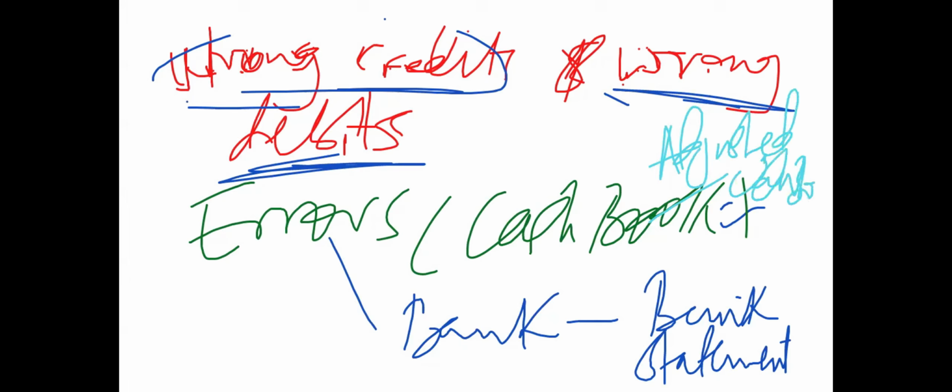In other words, errors of the cash book are corrected in the cash book. Errors of the bank statement are corrected in the bank statement. And the way we correct in the bank statement is by using the bank reconciliation statement. The way we correct errors of the cash book is by using the adjusted cash book. And I hope we are getting those two things because they are very critical.